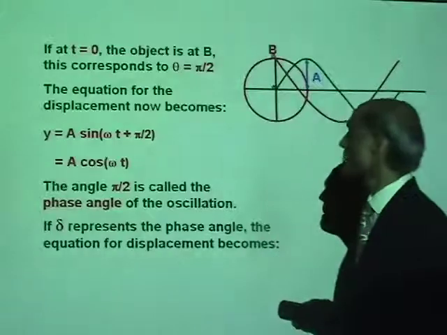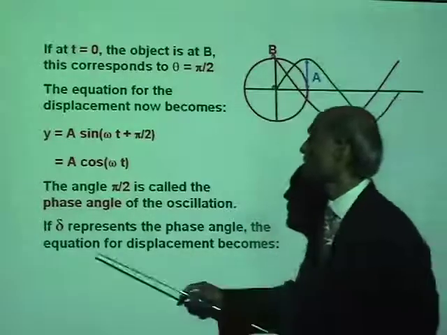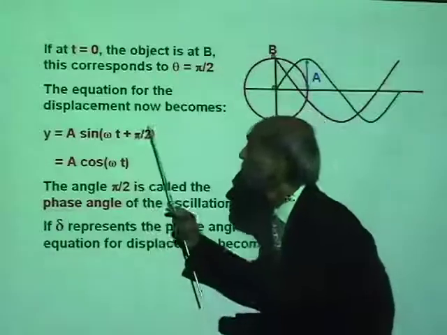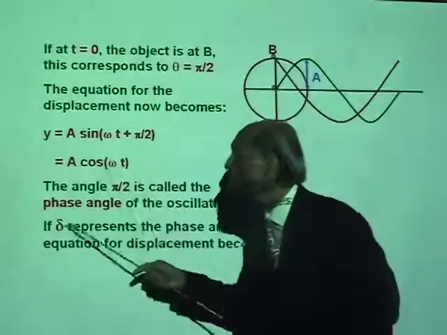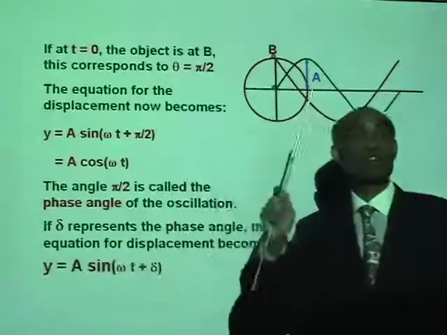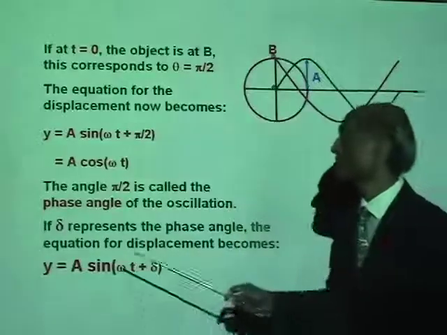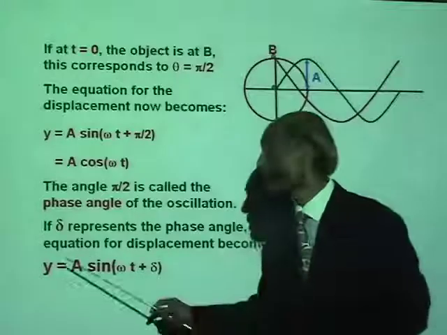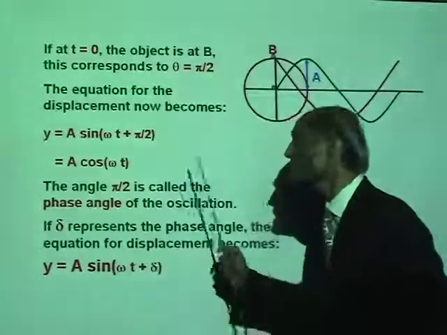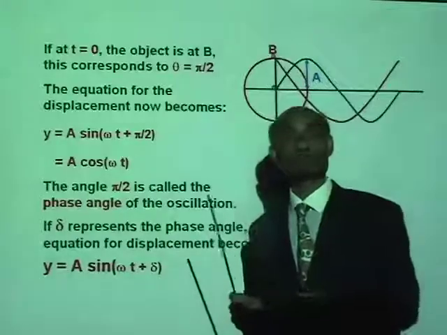If delta represents the phase angle, then in the equation for the displacement, we can now replace this pi by 2 by this delta. So what is the general equation of displacement? The general equation is y equal to a sine omega t plus delta.